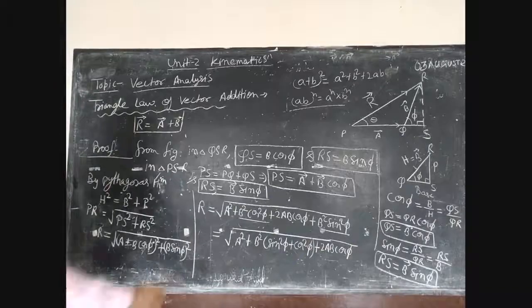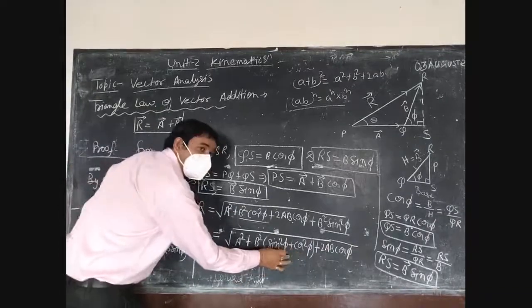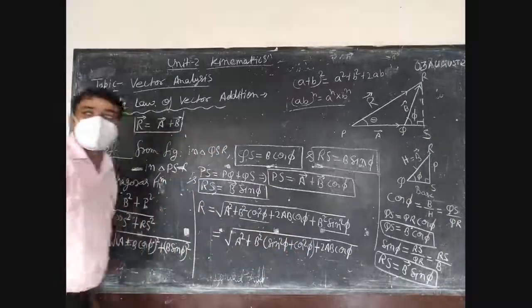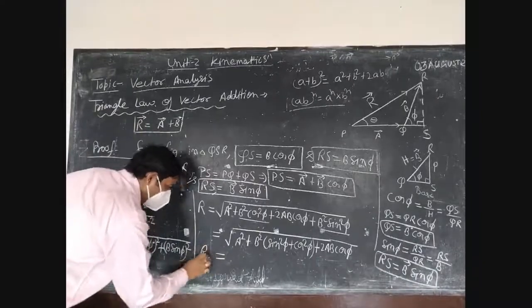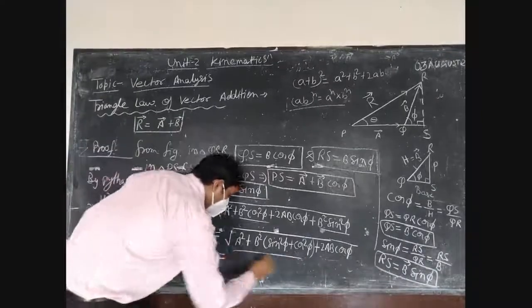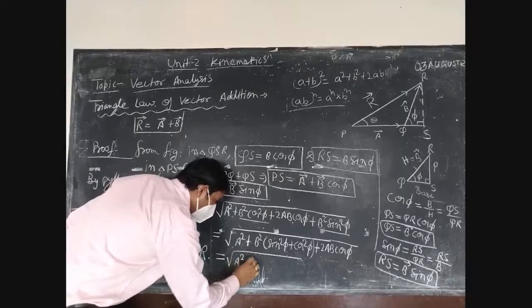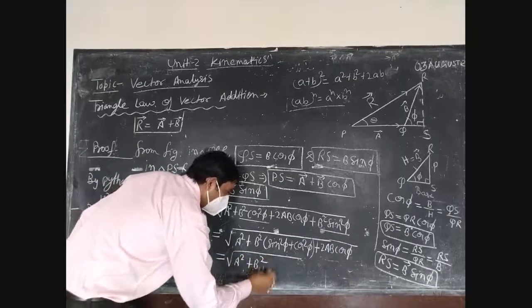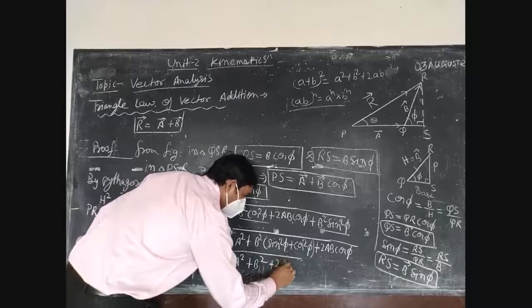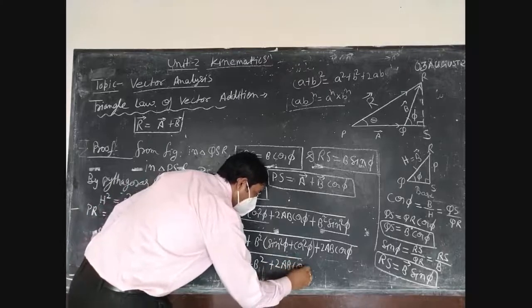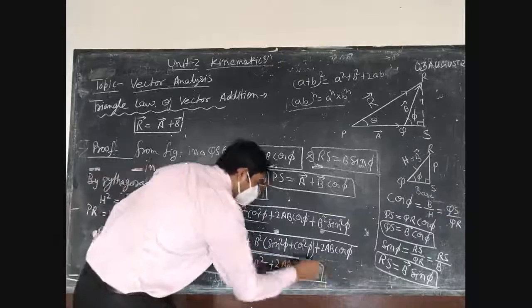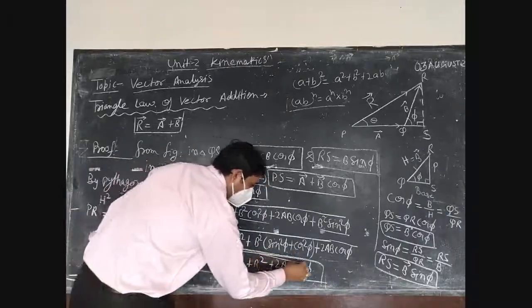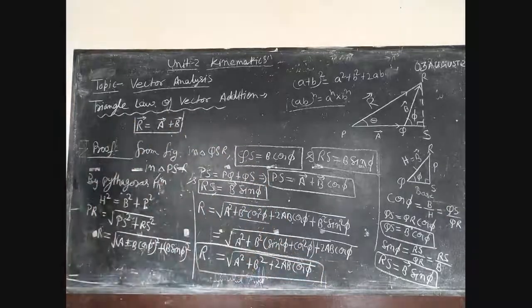Okay, then this becomes 1 because of the trigonometric square identity. Then this result is R equal to square root of A square plus B square plus 2AB cos phi. This is the value of the resultant of the triangle. Just note it down.